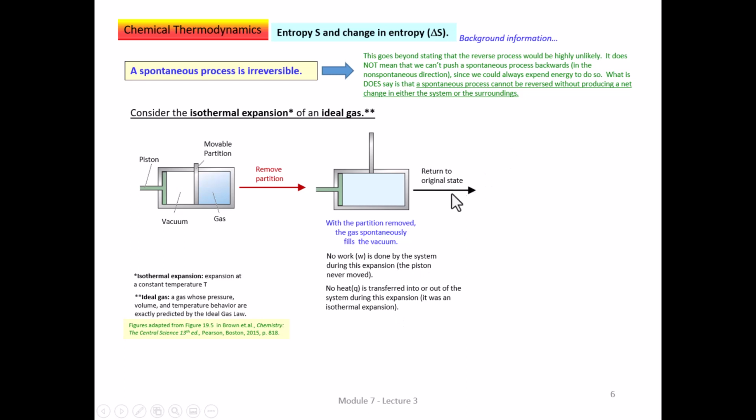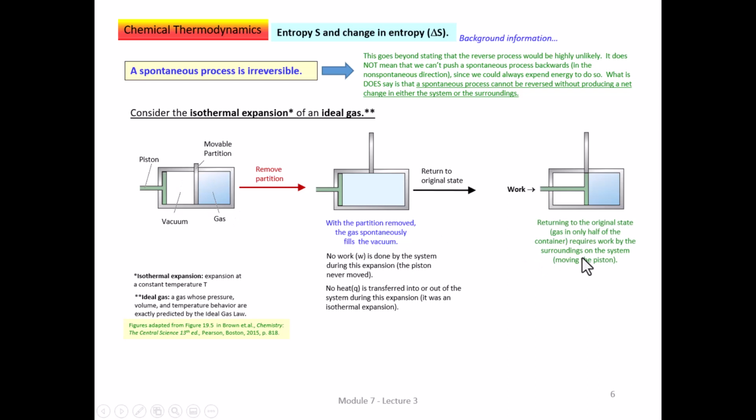Now let's try to return this box to the original state, where we had gas on one side and not on the other. Well, the only way we can do that is we'd have to move this piston, and we could push the gas back so that it's only in one half of this container. So the gas arrangement looks identical here, but something has changed. Returning to the original state, the gas in only half of the container, requires work by the surroundings on the system in moving the piston.